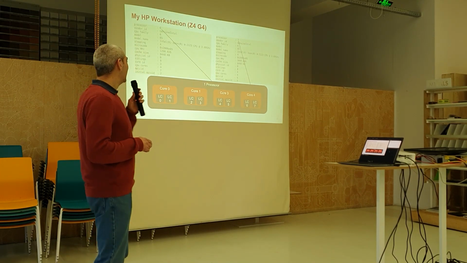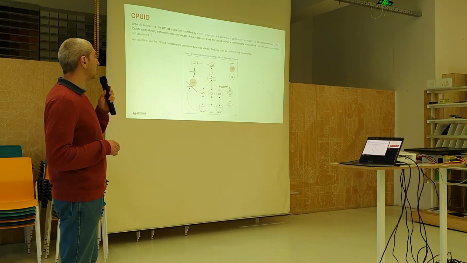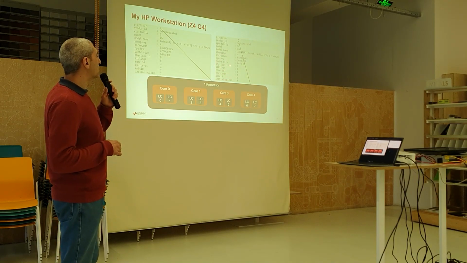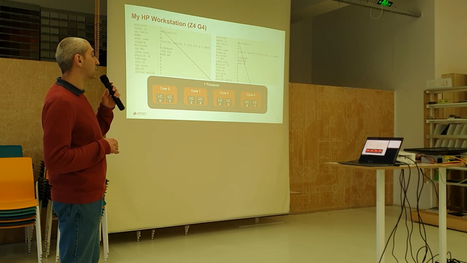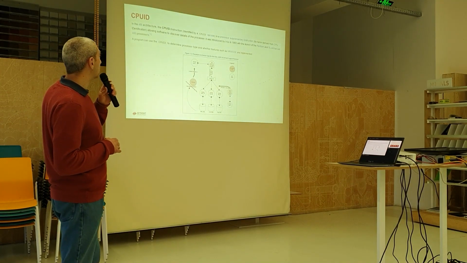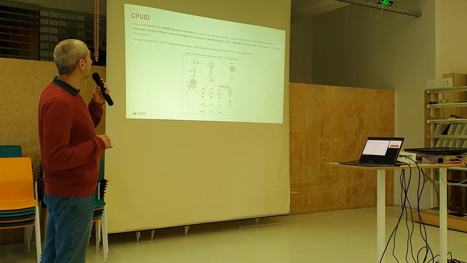Okay, thank you. Now, if you wonder how Linux can detect these, somehow hard-coded in the processor settings or information, it's because the Intel CPU offers this CPUID instruction on Intel architecture.